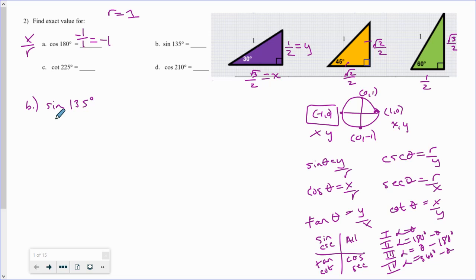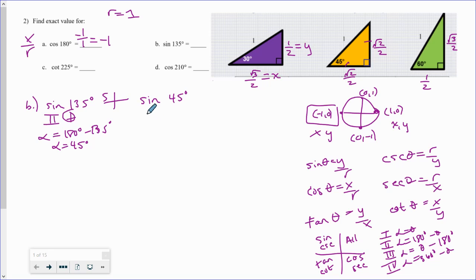I need to figure out what quadrant 135 is in. That's 2. From All Squirrels Tickle Chipmunks, in quadrant 2, I know that sine is positive. I find alpha by doing 180 minus 135, so alpha is equal to 45 degrees. So I'm going to evaluate the sine of 45 degrees.